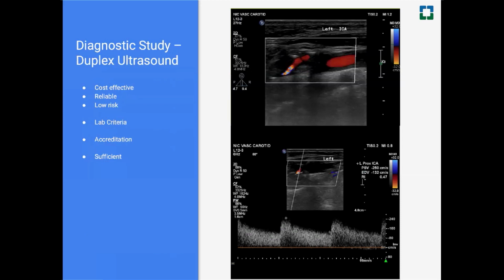It's relatively low risk. The application of the ultrasound probe doesn't involve moving the plaque or jamming the plaque. It does involve having the patient extend their neck, turn their heads, and various maneuvers. But again, the overall risk of the ultrasound study is very low.